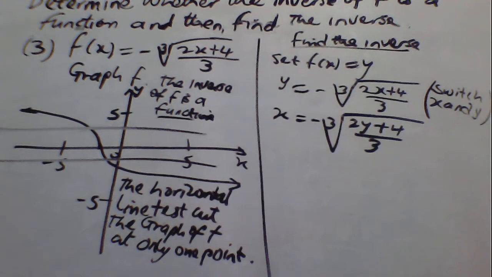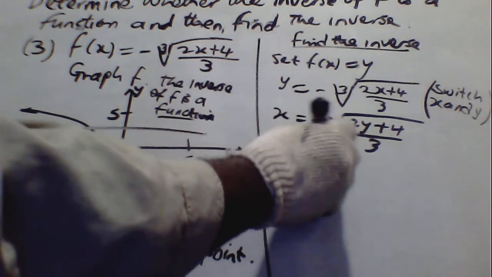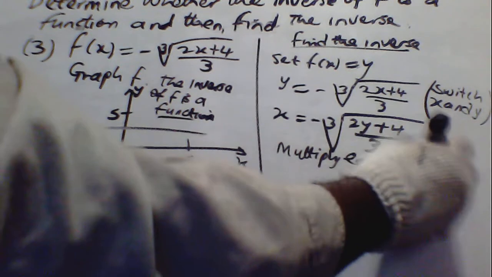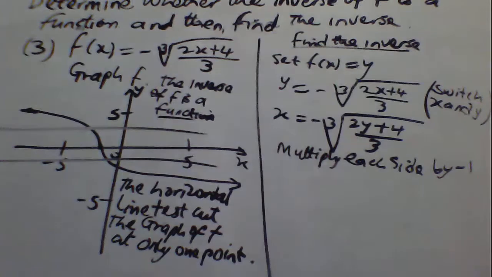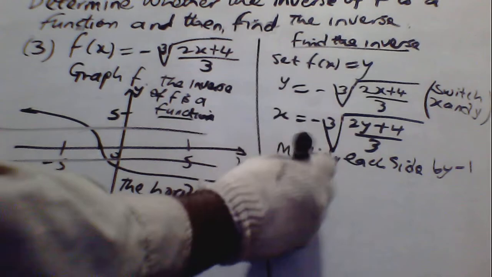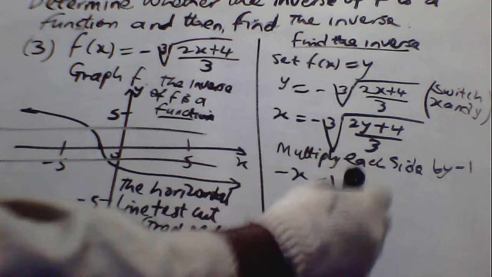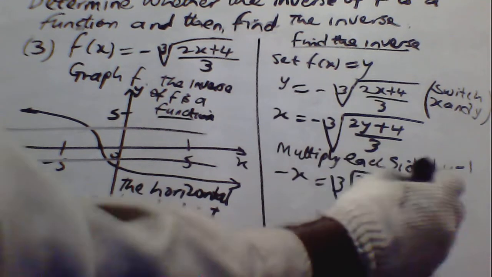Once you have done that, you begin to make y the subject of the formula. Multiply each side by minus 1. This gives us minus x equals the cube root of (2y plus 4) divided by 3.